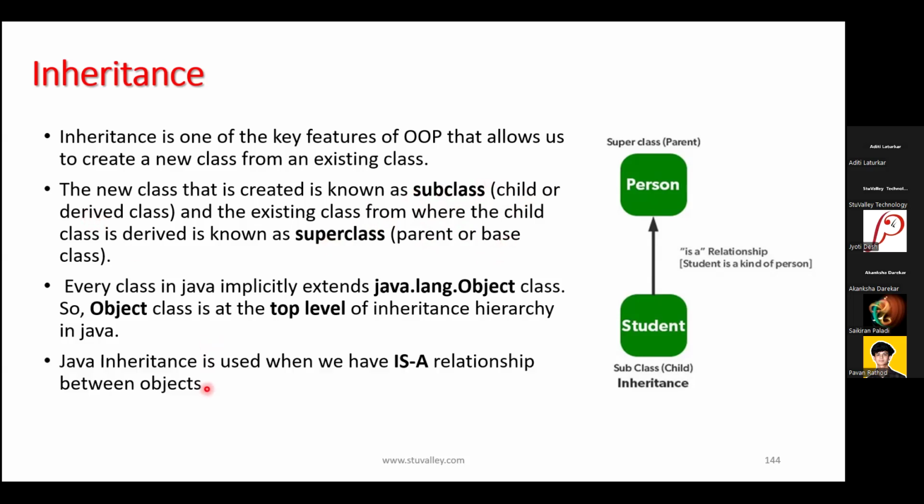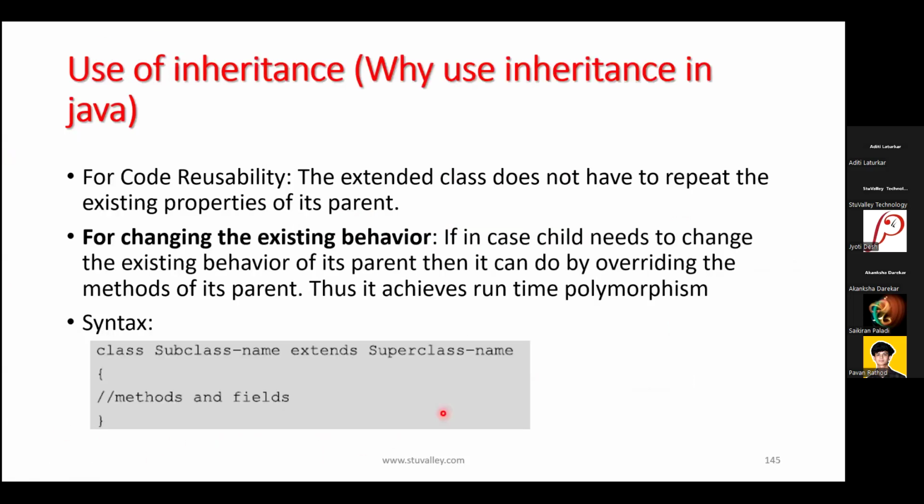Okay? So in Java inheritance, we have an is-a relationship between objects. Always it is an is-a relationship. Inheritance in Java is implemented using the extends keyword. Okay, we always use the extends keyword in inheritance. Clear?